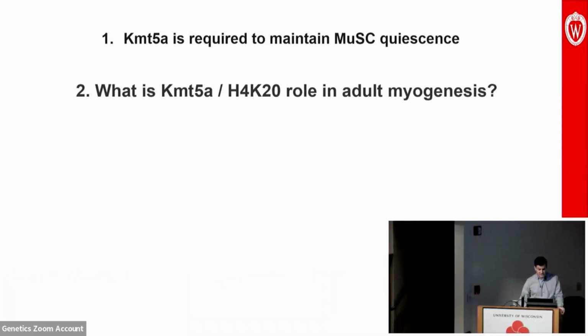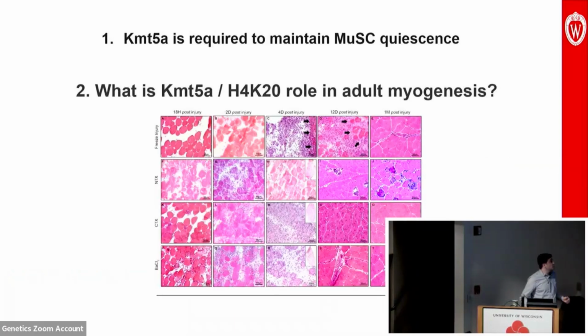What about adult myogenesis? To study adult myogenesis, or basically muscle regeneration, there are several ways to cause injuries, especially in rodents, including mice, which is what we use. You can use freeze injuries or different toxins, or salt, which is what we use in the lab. We use barium chloride.